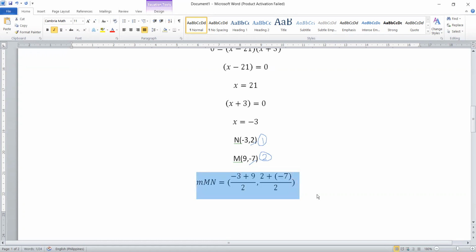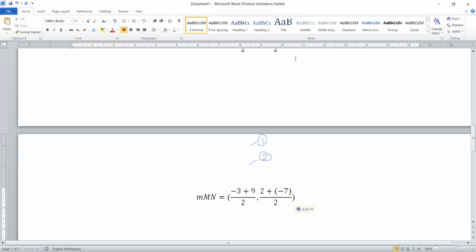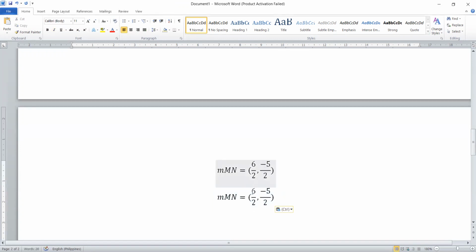So your midpoint will be, so negative 3 plus 9 is 6. And this will become negative 5. So your midpoint is at 6 divided by 2 is 3. And negative 5 divided by 2 is negative 2.5.